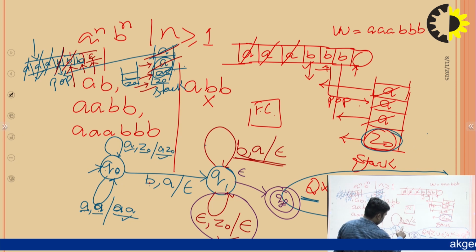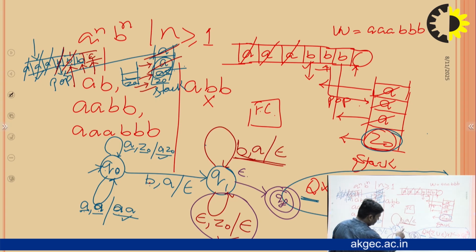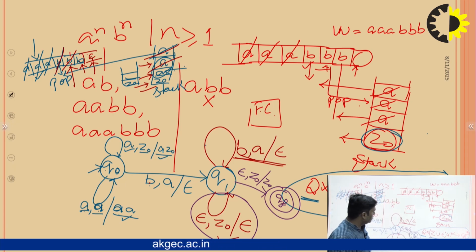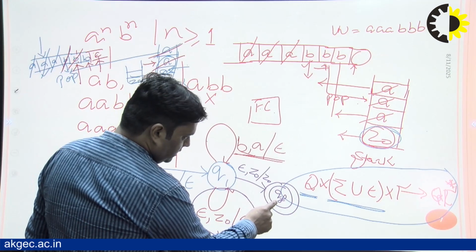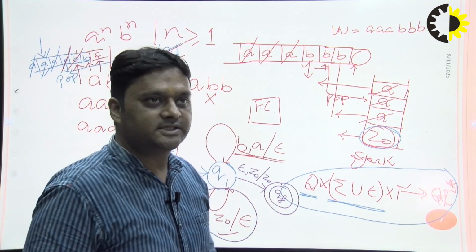Input tape symbol is epsilon, stack symbol is Z0. The next output will be Z0, which means there is no stack symbol left. Then we reach the final state.